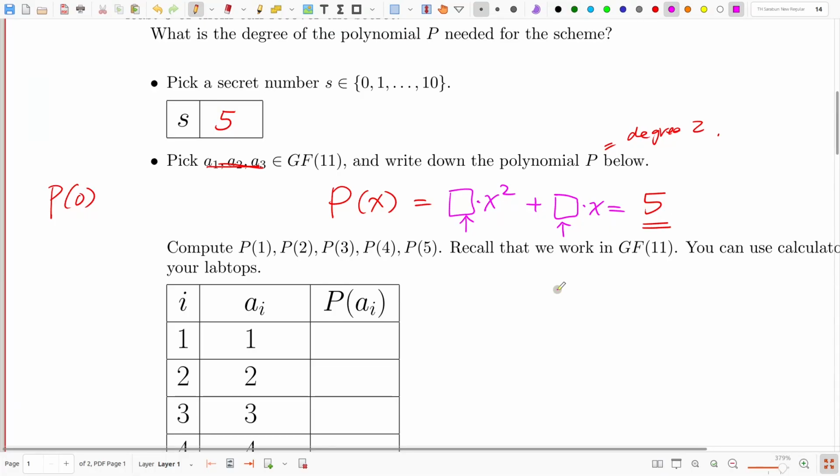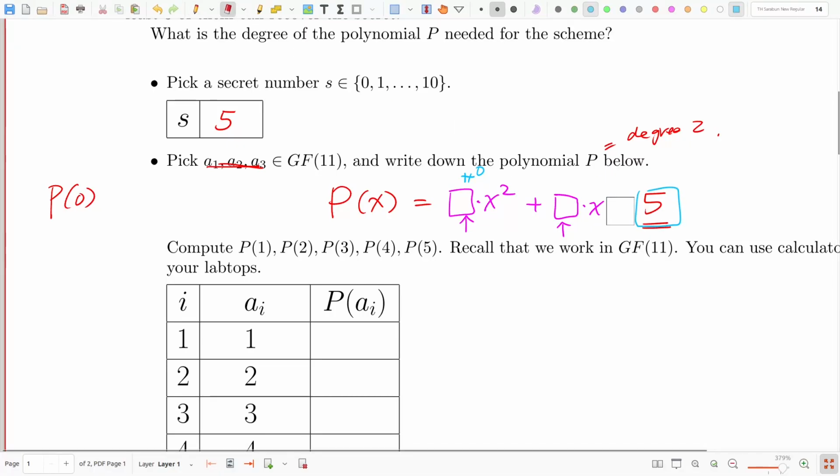So this should be non-zero. This can be 0, but can be something else. Pick some random numbers from 0 to 10. Don't tell your friend about this. This is your message, so also don't tell your friend about the message.